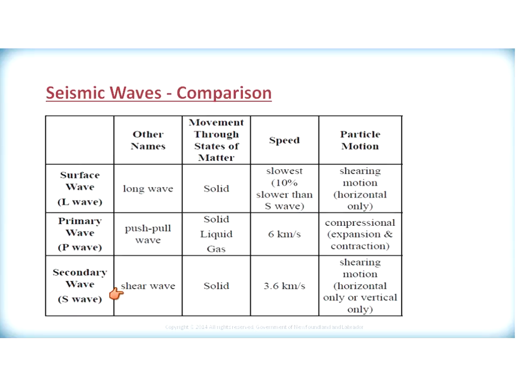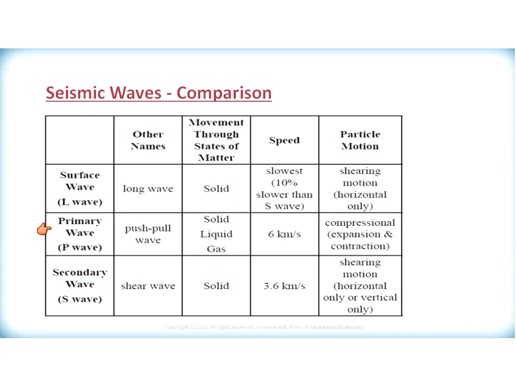When we look at the different types of waves and the states of matter which they can pass through, surface waves can only pass through solids because they do move with a shearing motion, both vertical motion and horizontal motion. Therefore, they cannot pass through liquids and gases and only pass through solids. Primary waves move through Earth's materials with a push-pull motion and are called compression waves.